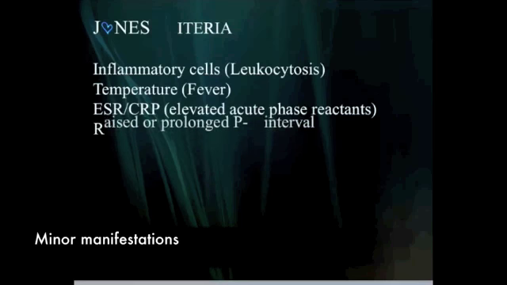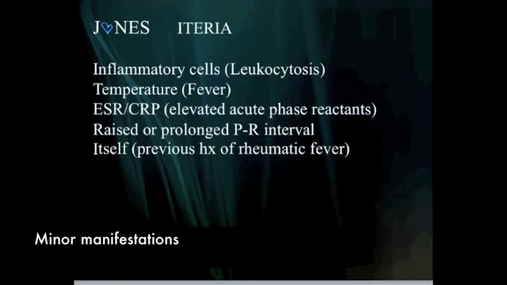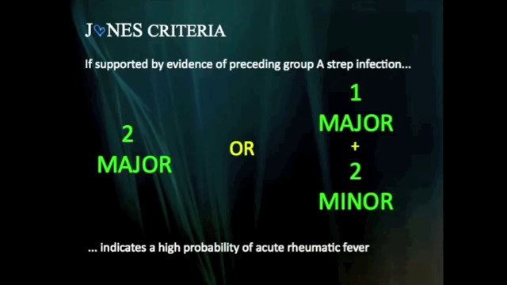The R is for a raised or a prolonged PR interval. And then the I is itself, so any previous history of rheumatic fever is a minor criteria. And then finally, arthralgias, which are just joint pains. Again, you need two major manifestations or one major and two minor in making the diagnosis.